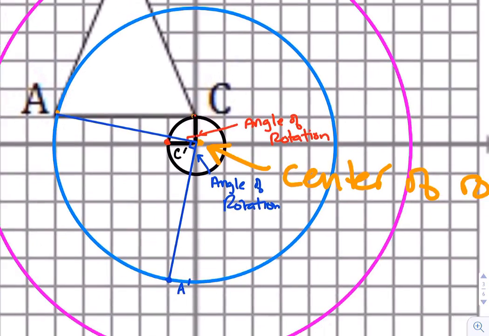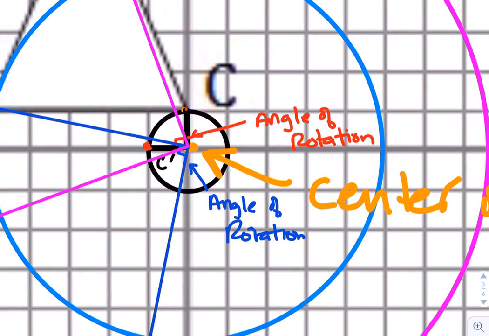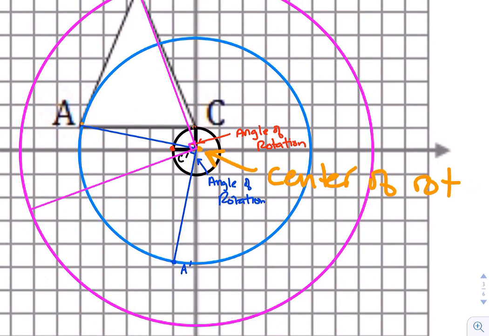Okay. For this third point, which is going to be the pink one, we'll do the same thing. So we'll take this and we'll bring it to our center. And so we were going to rotate this 90 degrees. Okay, that's a little too far. Should go right there. And so again, we'll see that we have a 90-degree angle formed between the center of rotation and my two pink lines, and that's going to be my location for B prime.